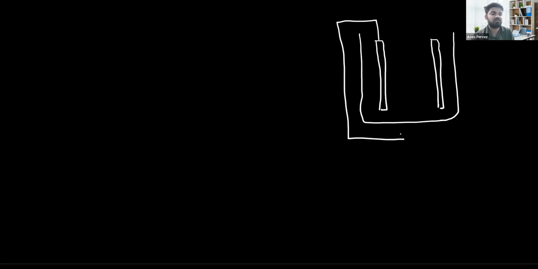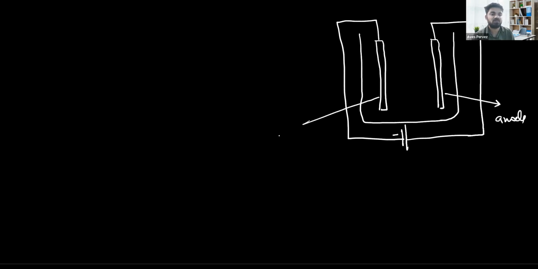This one is negatively charged and this one is positively charged; this is the anode, and this one is the cathode. We have NaCl molten in this form. So when we have NaCl in molten state, what is going to happen? Na positive and Cl minus ions will be formed, because it is in molten state.